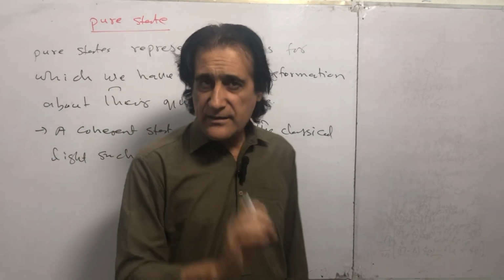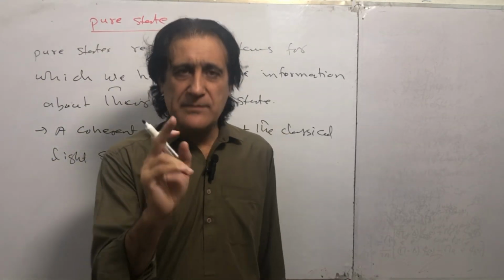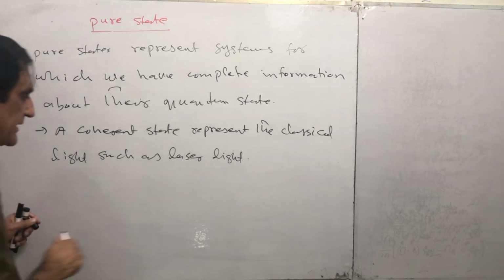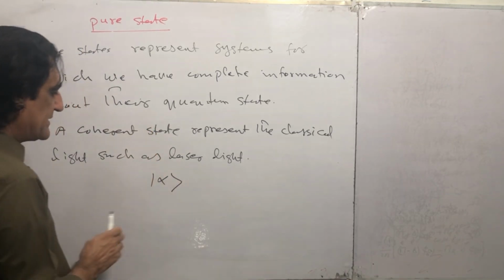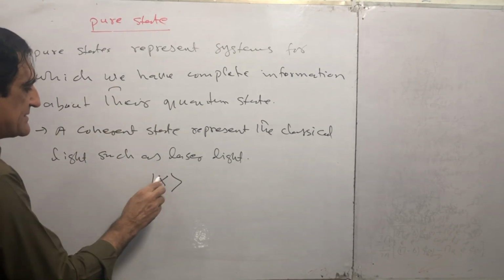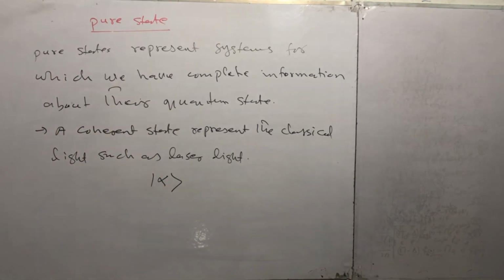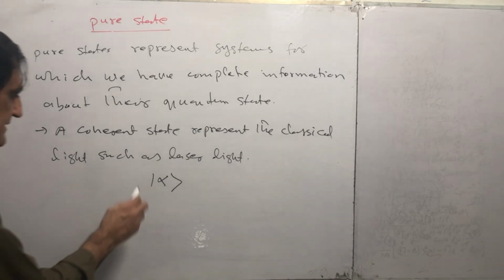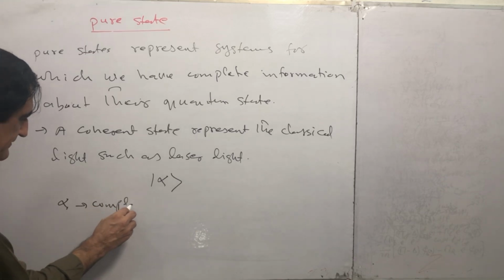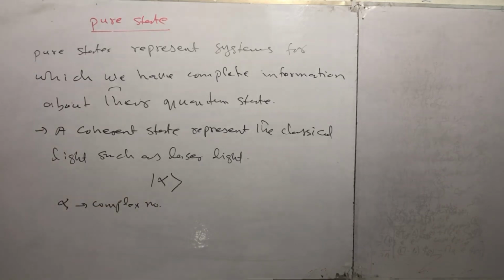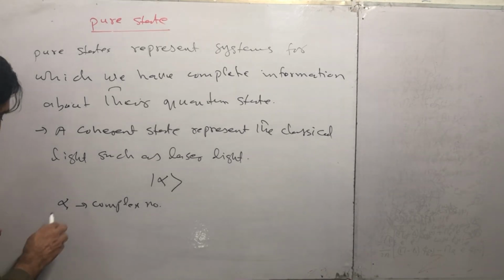If we have laser light, there are many photons, and the coherent state can be represented by alpha, where alpha is a complex number. This complex number represents the amplitude and phase of the electromagnetic wave.